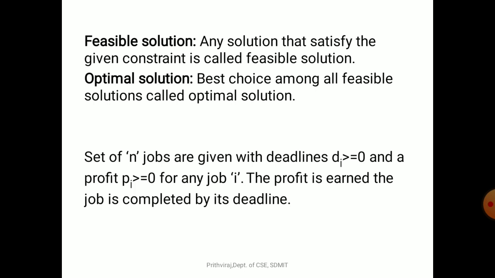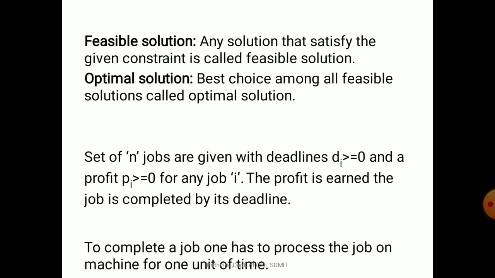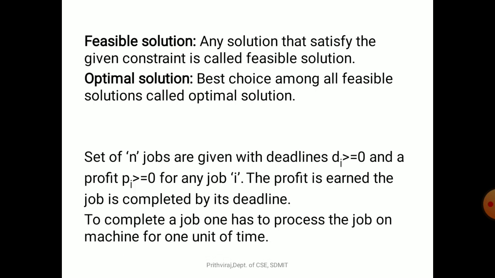So within the deadline, we have to finish that task so that we can achieve a better profit. And lastly, to complete a job, one has to process the job on a machine for only 1 unit of time. So if you want to perform any task on any machine, we will get only 1 unit of time. Based on the deadlines, we can decide which task to execute first, and based on that we can achieve the optimal solution with the highest profit.